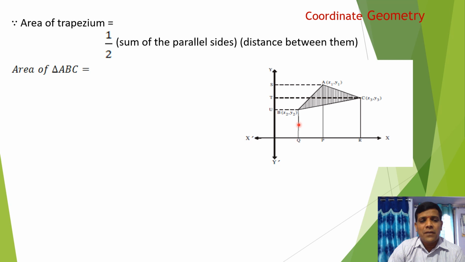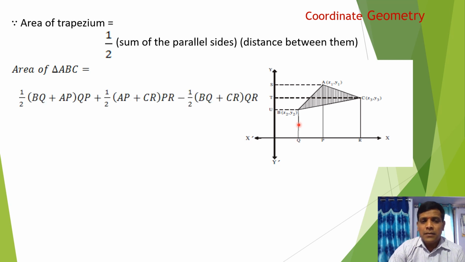Now area of triangle ABC is written using trapeziums. Area of first trapezium is half into BQ, the first parallel side, plus AP, and the distance or height QP.